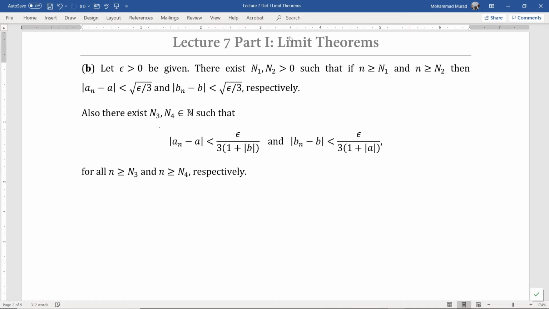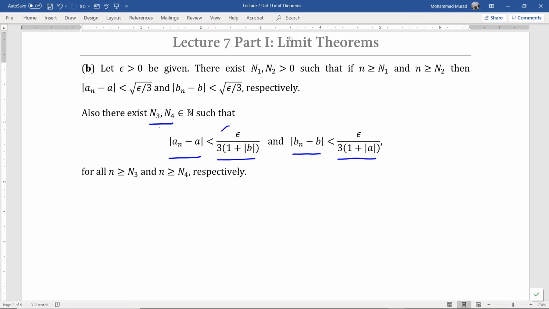Also, there exist positive integers n sub 3 and n sub 4 such that the absolute value of a sub n minus a is smaller than this quantity, and the absolute value of b sub n minus b is smaller than this quantity.